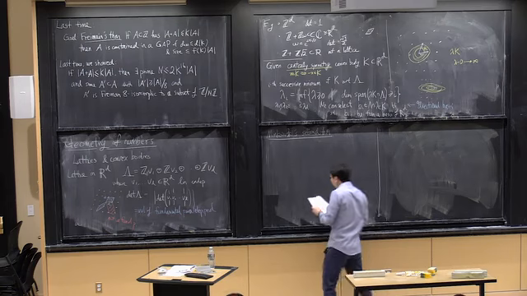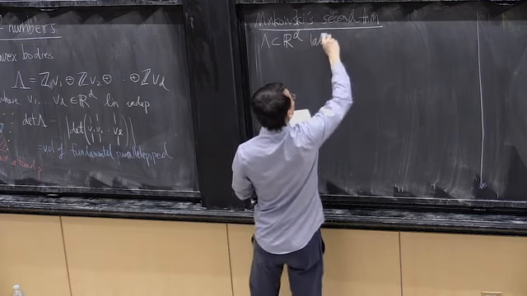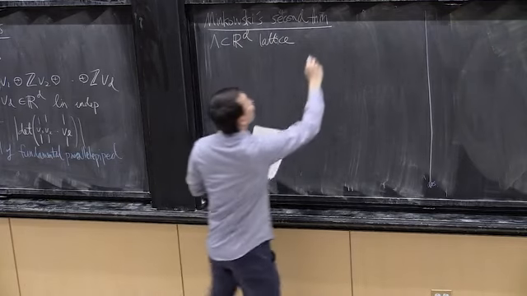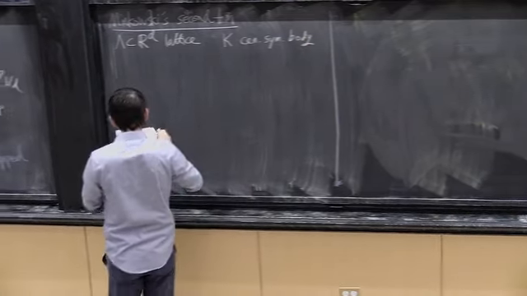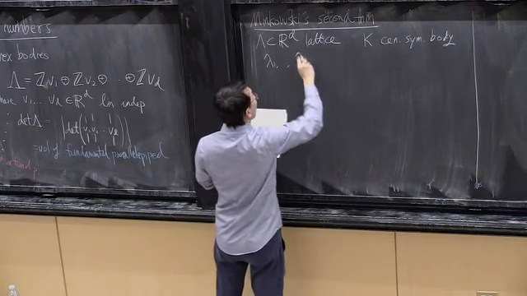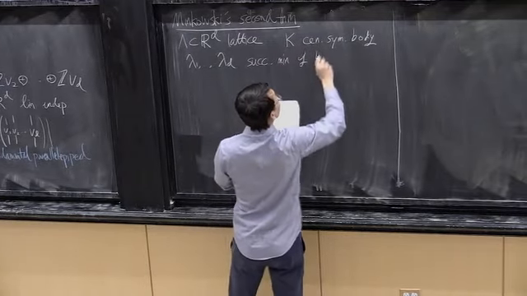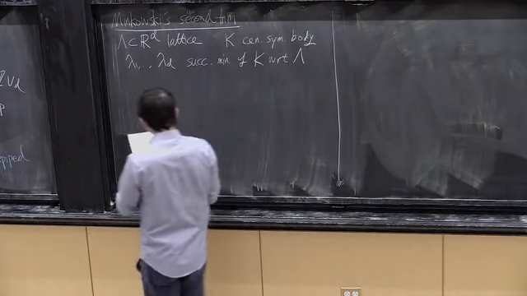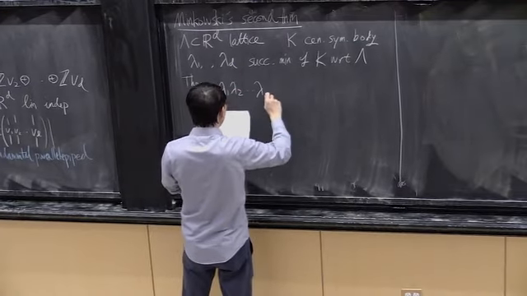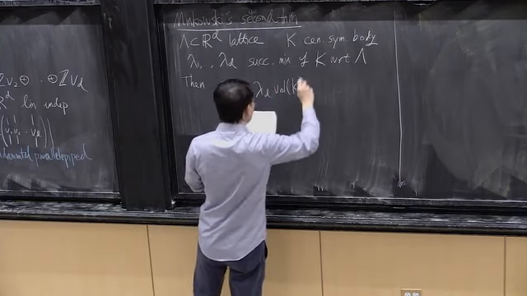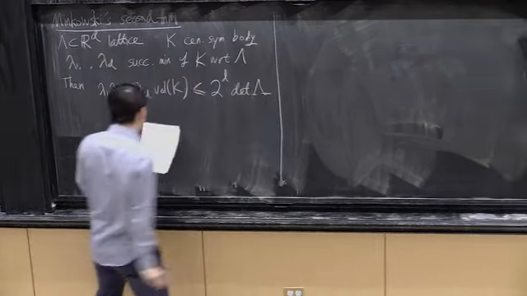Minkowski's second theorem says that if you have lambda, a lattice in R^d, and K a centrally symmetric body, also in R^d, such that lambda_1 through lambda_d are the successive minima of K with respect to lambda, then one has the inequality: the product of these successive minima times the volume of K is upper bounded by 2^d times the determinant of lambda.